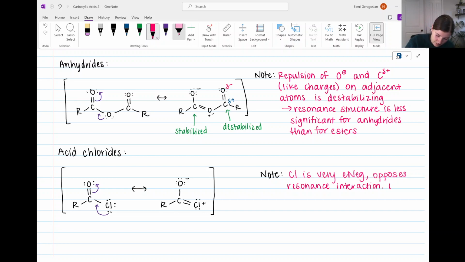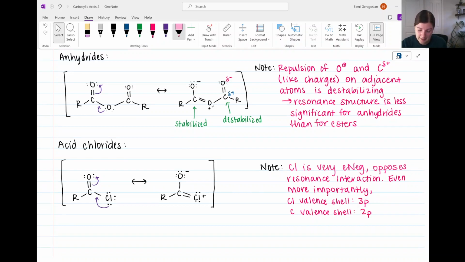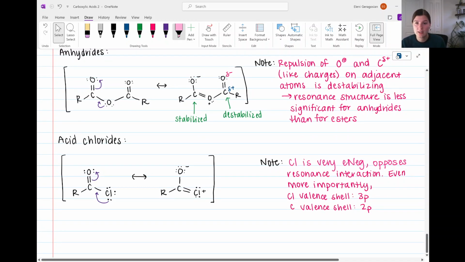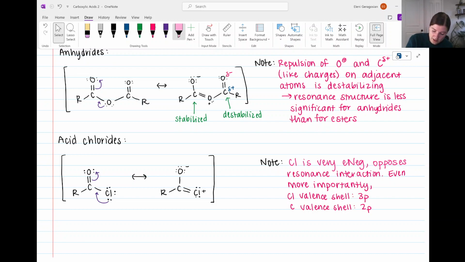So let's write this down. So the chlorine valence shell is the 3p shell. Carbon valence shell, 2p. So remember, reactions are happening with valence electrons, so outermost electrons. For a chlorine, that's the 3p shell. For a carbon, that's the 2p shell.